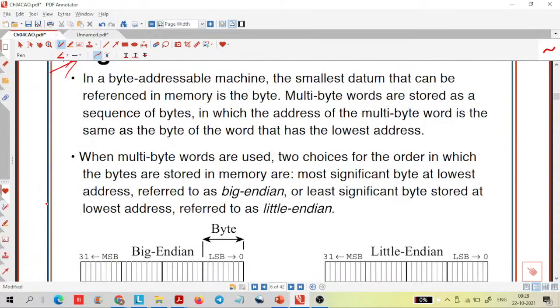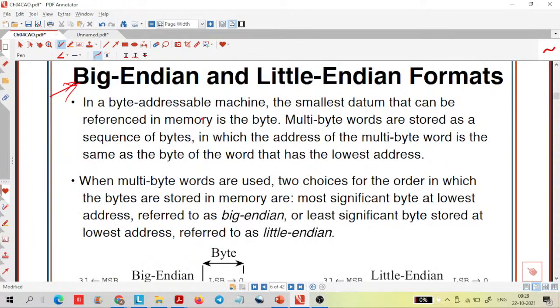Okay, here we can see the definition once again. Big endian and little endian formats. In a byte addressable machine, the smallest data that can be referenced in memory is a byte.